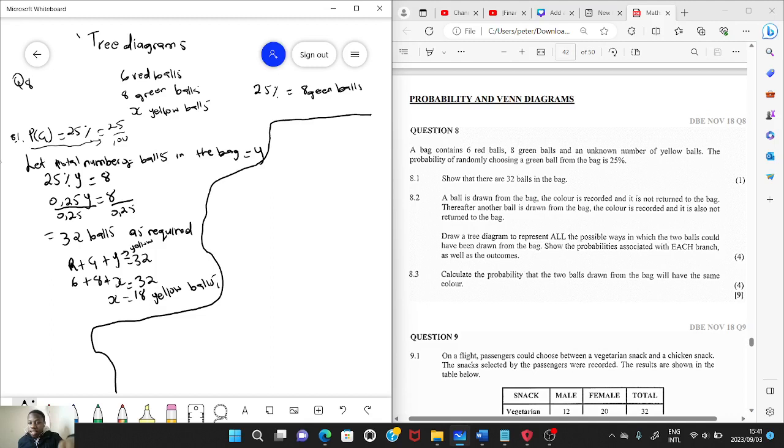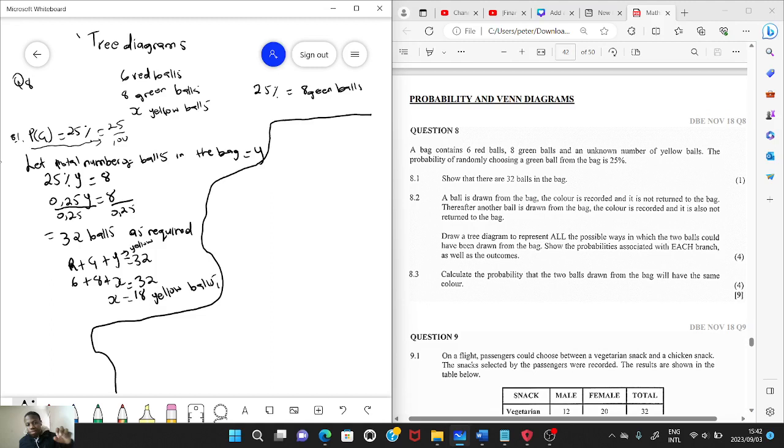So we draw the first ball from the bag, and then we take the second ball without retaining both balls, and it is also not returned to the bag.